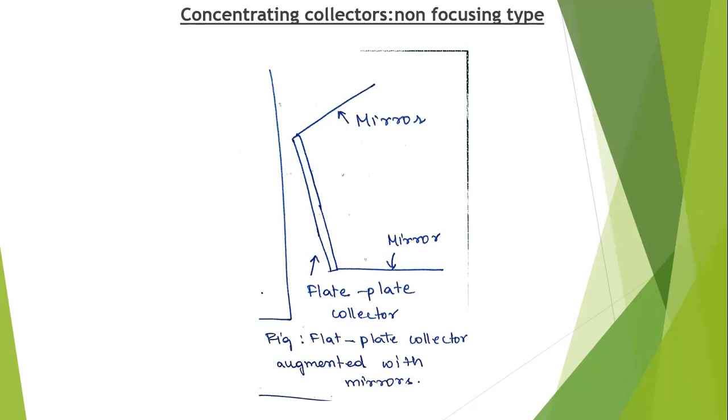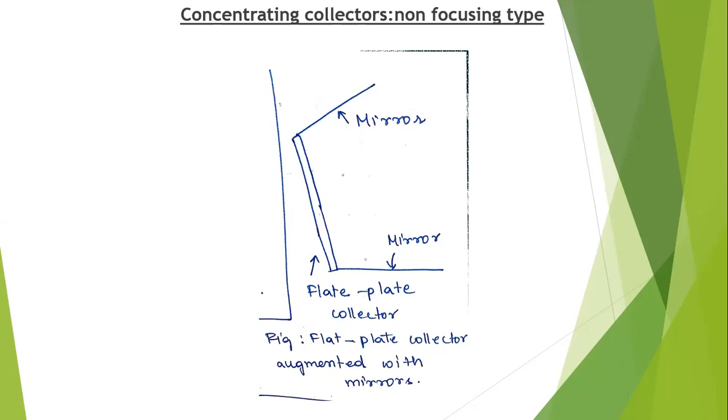This is the simplest form of concentrating collector. It has a mirror booster. The mirror is just implanted on the flat plate collector. It has a flat plate collector facing south, with mirrors attached to its north and south edges.